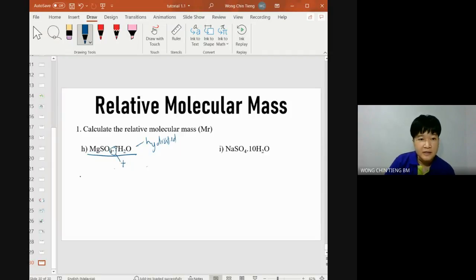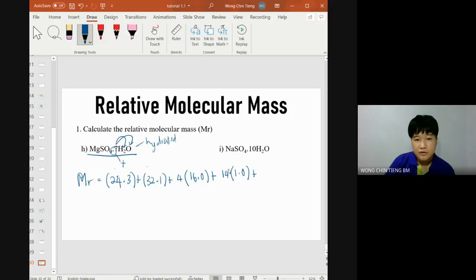So for this case, your MR will be your magnesium 24.3 plus your sulfur 32.1 plus your oxygen 4 times 16 gram tambah 7 darab 2. So 14 hydrogen tambah 7 darab oxygen darab 1. So 7 oxygen.